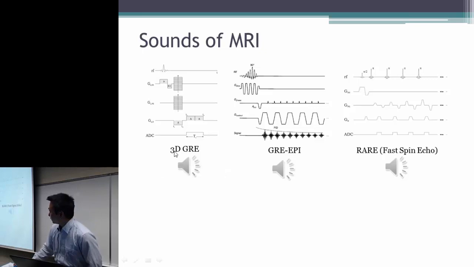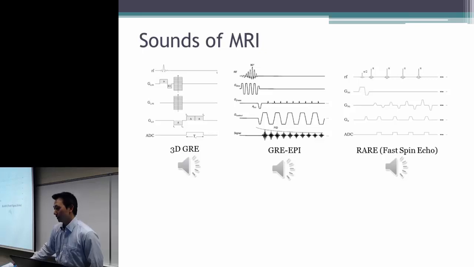So for example, for the 3D gradient echo here, you're hearing that it's not a very high pitch, because the TR is roughly 30 milliseconds.